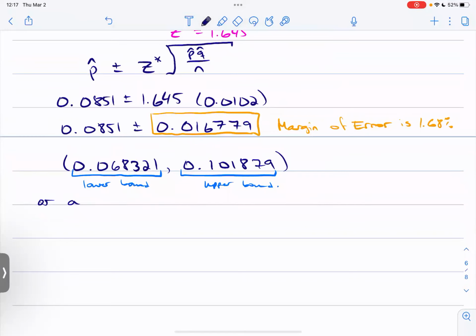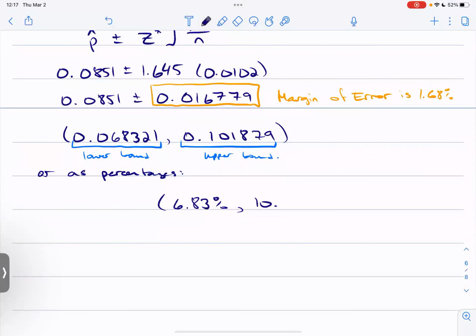Or as percentages, we could say 6.83% up to 10.19%. 2 decimal places each, if you wanted to.